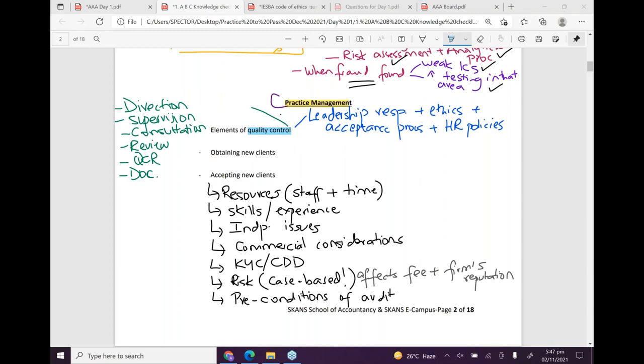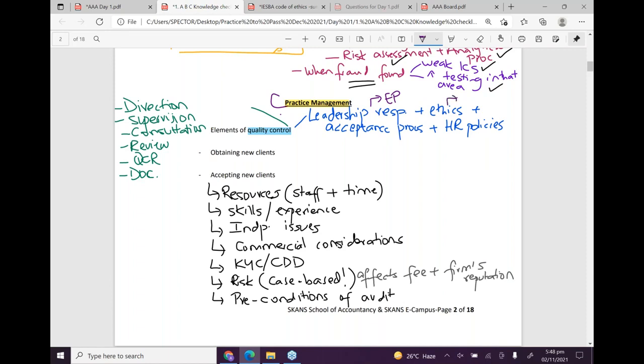So along with code of ethics, this is the second one, which is comment on quality control, which comes up quite a lot. There are elements of quality control that you need to be comfortable with. I don't want you to learn them, just be comfortable with them. For example, you should know that in external audit, it is the engagement partner who is the leader responsible for overall quality.